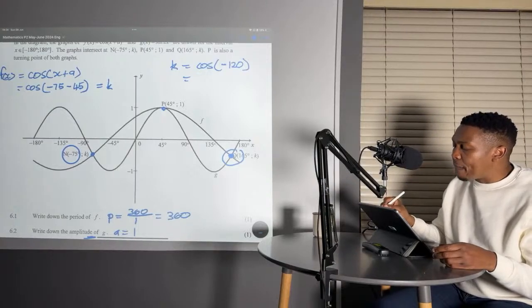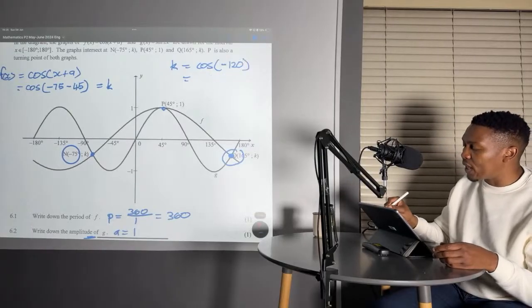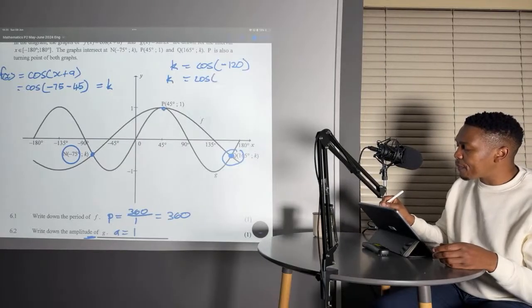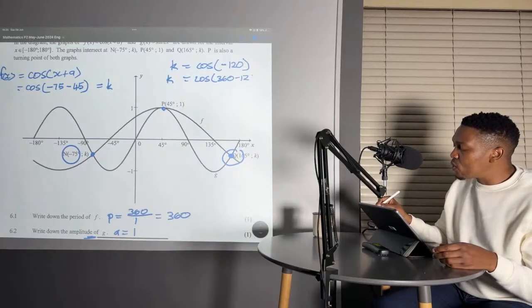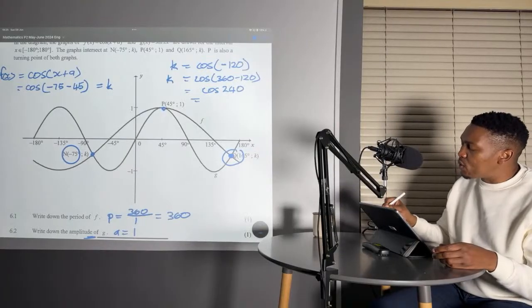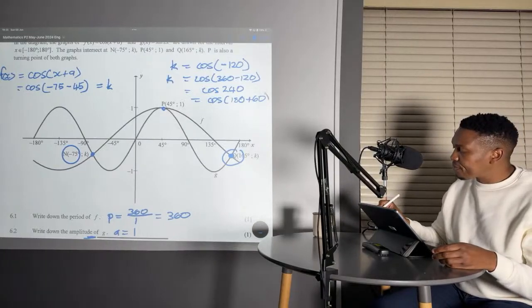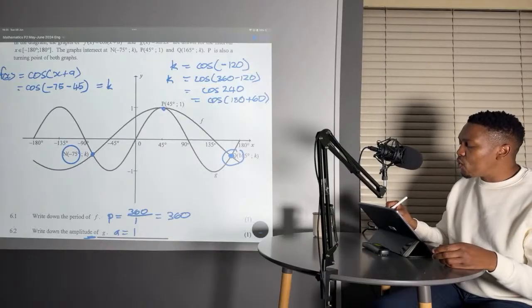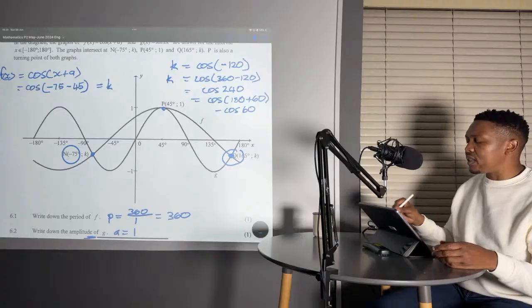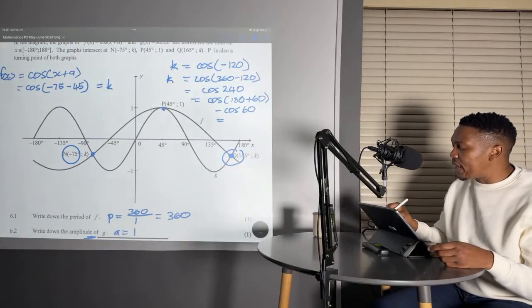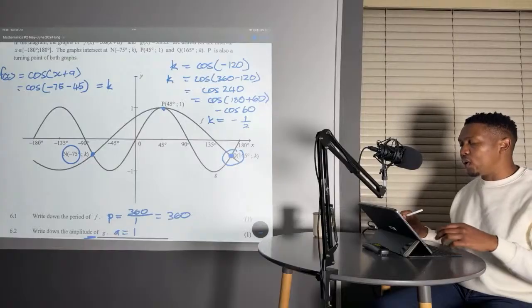You'd say 240, but what you end up with is minus the cos. In fact, let me just show you that. So K is equal to the cos of 360 minus 120, which is cos of 240. But you can actually say this is the cos of 180 plus 60, and so this would be minus the cosine of 60 degrees. Now you know this is a special angle, so K would be equal to negative 1 over 2.